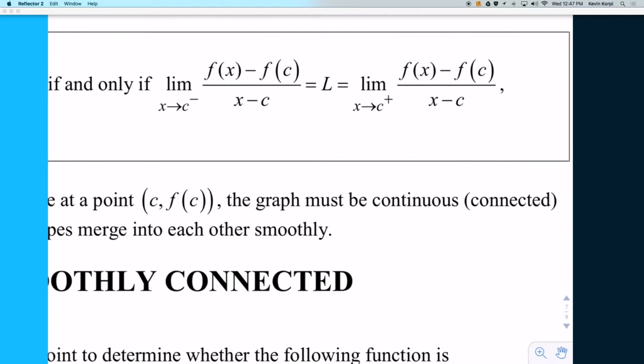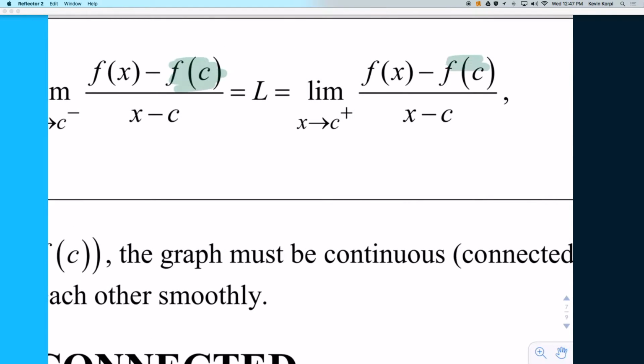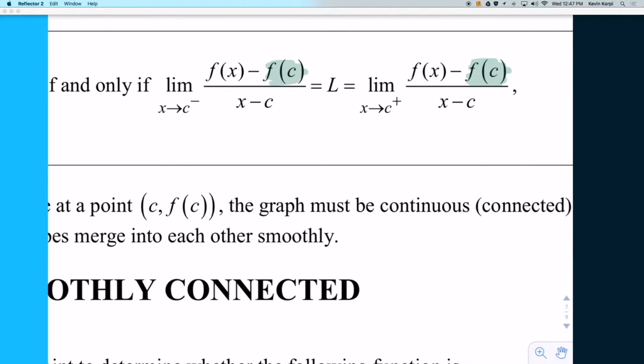It's the alternate form. So basically, if the two alternate form difference quotients, the slope of the secant lines from either side, essentially, if they start merging towards the same slope from either side, then we say the function is differentiable there. And the reason this takes continuity into account, which remember is a necessary pre-existing requirement, is they both use f of c.